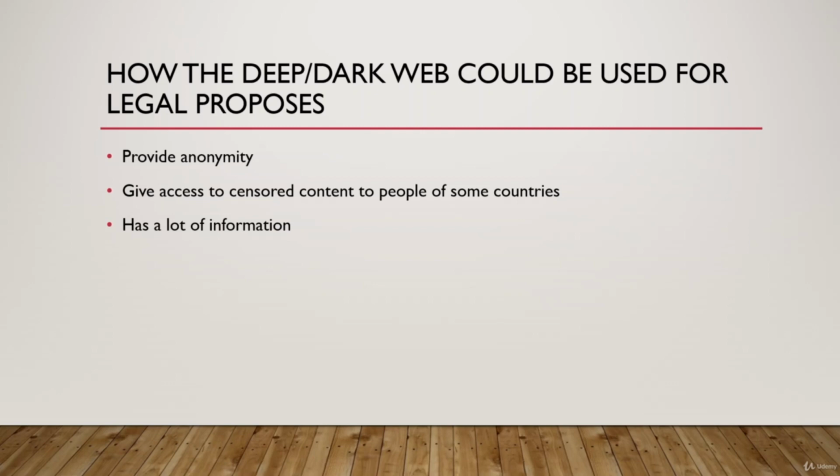But on the deep slash dark web, it's different. Since everyone is anonymous, people post any kind of stuff. This is why you can have access to bad stuff, but you can also have access to amazing stuff. And when I'm talking about amazing stuff, we're going to talk about it in our last point also. It could be any kind of information.